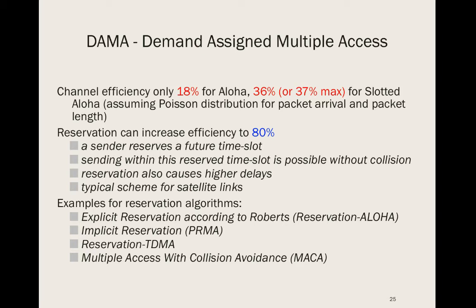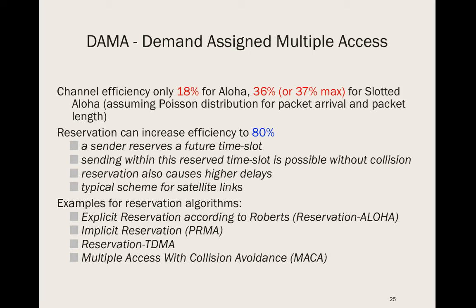In a reservation system, a sender reserves a future time slot, so it can be guaranteed that the sender can send the data during that time. Sending within this reserved time slot is possible without any collision, obviously, because it's only reserved for that station. Reservation also causes higher delays because the reservation procedures need to take place as well.